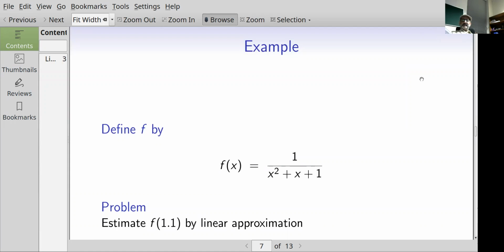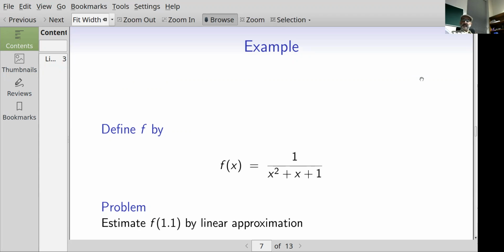Let's try another function. F is defined by f of x equals 1 over x squared plus x plus 1. Let's say we wanted to estimate f of 1.1 using linear approximation. Well, I might have a bit of trouble trying to evaluate f of 1.1, but f of 1 is easy.